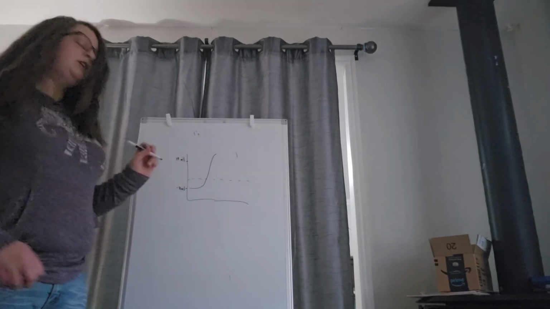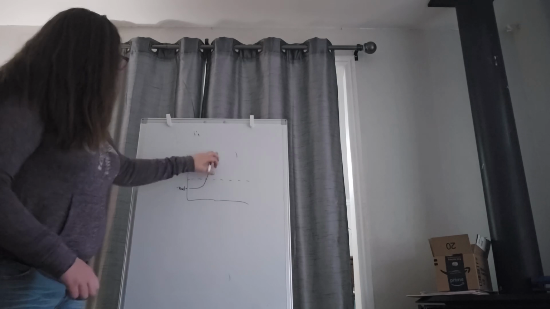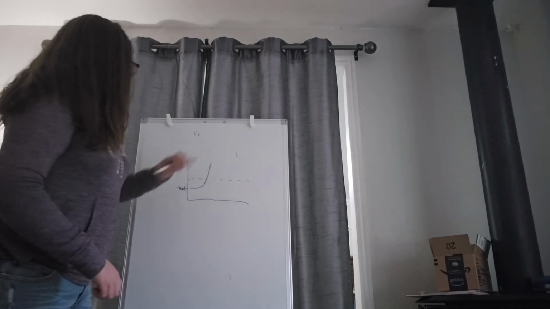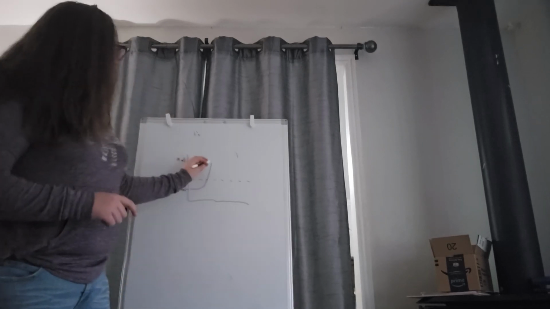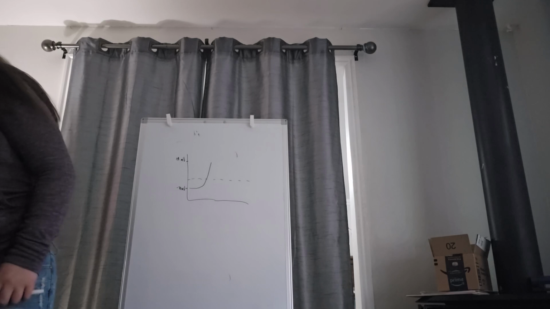So what that would mean is we would go from resting membrane potential into an action potential, up to 19 millivolts, and it'll cause it to go up, and then it'll go back down. So yeah, that's how that works.